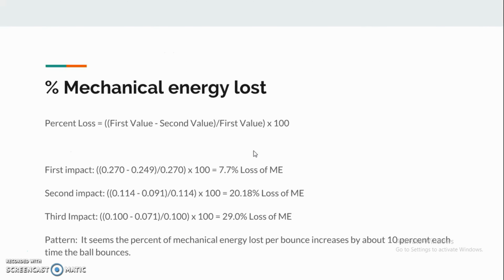The percent loss formula is expressed as percent lost equals the first value minus the second value, divided by the first value you had, and then all of that multiplied by 100 to give a percent.